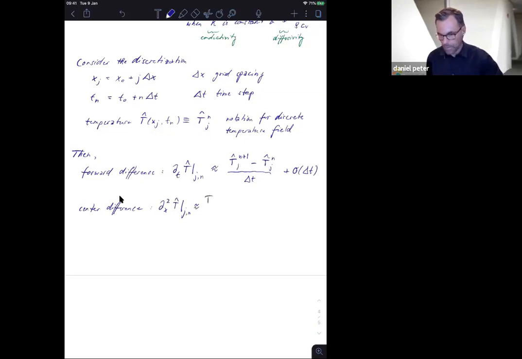So if you look it up, you can write it now in this short notation as T n j plus 1 minus 2 T n j plus T n j minus 1 divided by grid spacing squared. And this is of the order delta x squared. So it's a second order approximation of the differential operator.